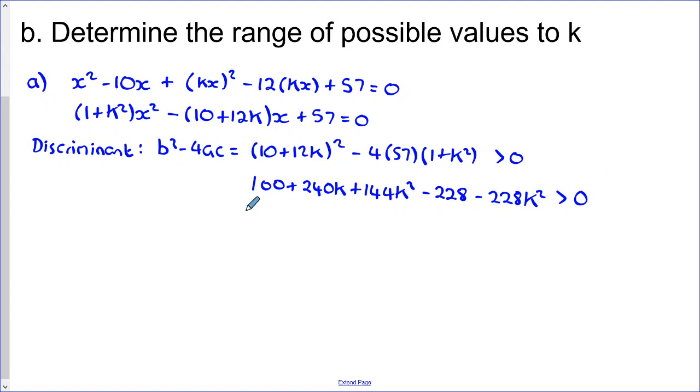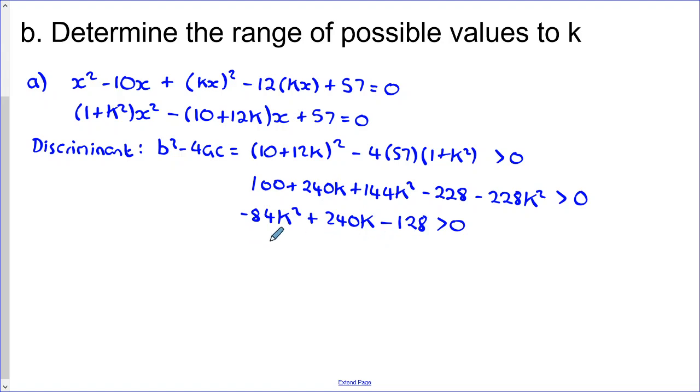Just simplifying that before we do anything else, we end up with negative 84k squared plus 240k minus 128 is greater than 0. So we can take that to the other side so that we have a positive k squared and divide by 4.